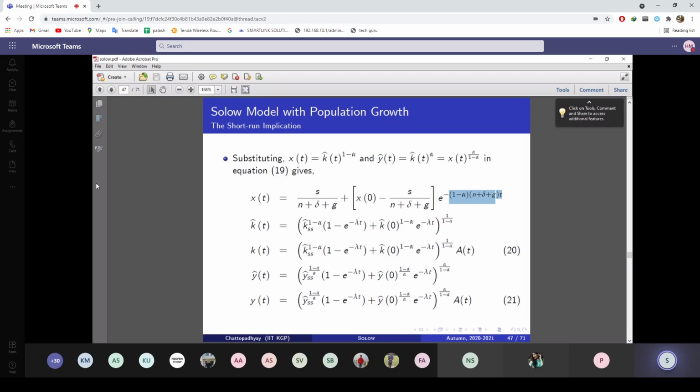Once your savings and output are known, y_t minus s_t, you get the time path of consumption. So entire time path, all the time paths you'll get. Right? Yes, sir. Very good.